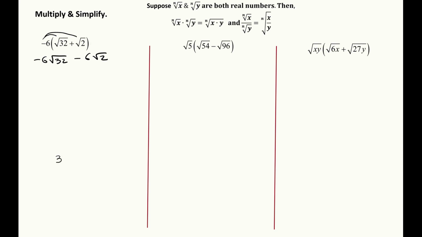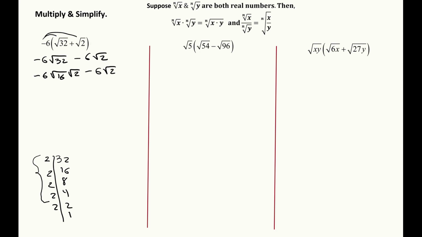So if we look at the prime factorization of 32, we have 2 that goes into it 16 times, 2 again, 8 times, 2 again, 4 times, 2 times, and 2, 1. And this is only needed in case you're not comfortable with numbers, but there's always a way to handle this. So we notice that there's a perfect fourth power of 2, which we know is 16. So we can break this up as -6 radical 16 times radical 2 minus 6 radical 2.